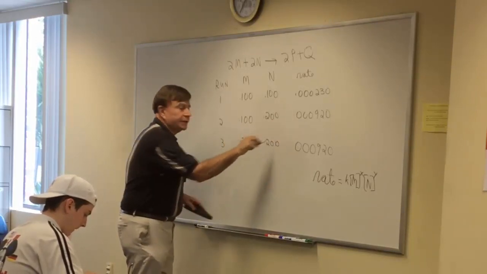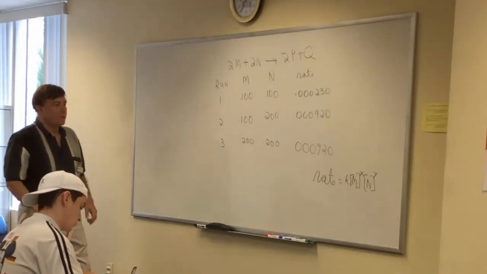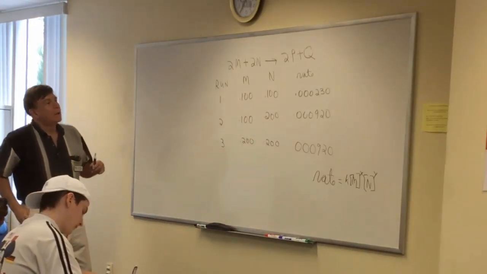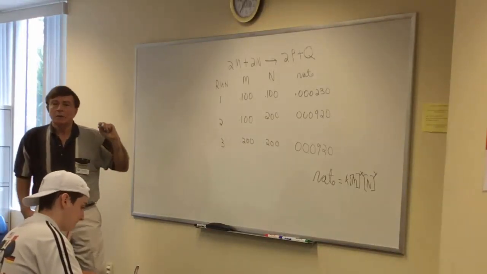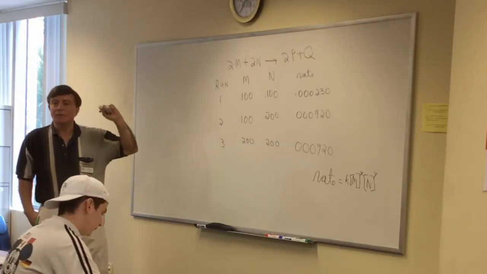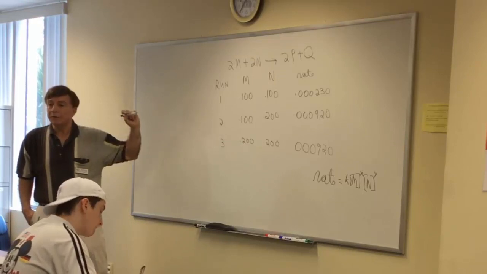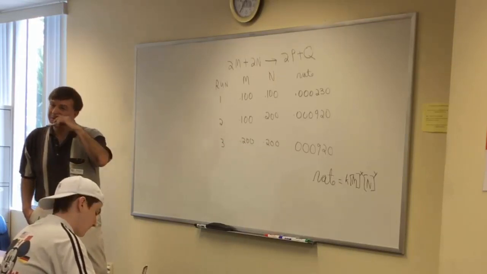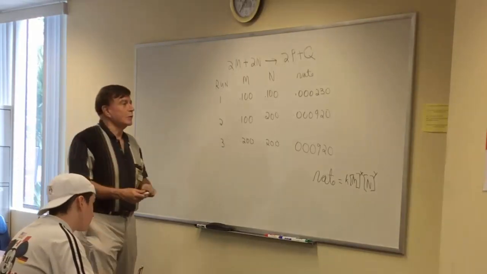Did Dr. Eads get into this yet? She just touched on it, just barely. So what we want to do is look at the data in a fashion that holds one of the components constant, because then the rate of change is going to be exclusively due to the component that changes. Does everybody understand what I think I said?